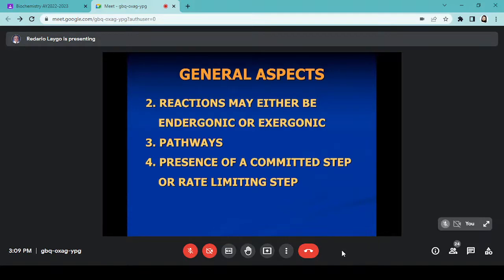Now, each of these pathways usually has an accompanying very important step known as, in general, the rate limiting step. Or, in particular, when you look at glycolysis, you have a specific reaction characterized as the committed step.